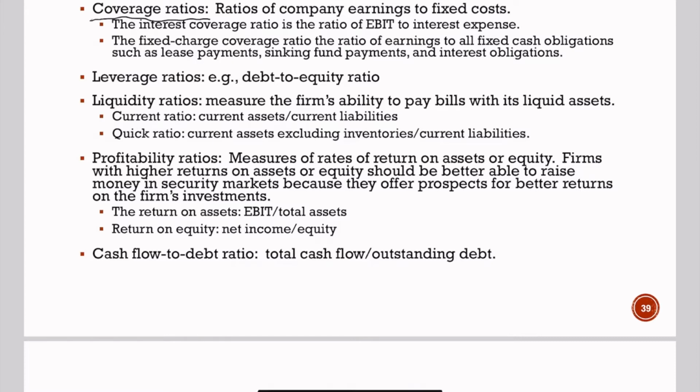So basically here you can see that we're talking about the current ratio or quick ratio. Now, profitability ratio. Again, we have talked about this in the equity analysis chapter, right? So basically, it measures the firm's ability to generate returns by using its assets or using shareholders' equity.